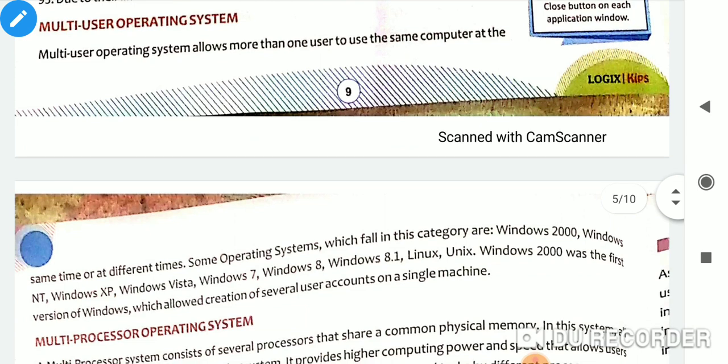Multi-user operating system means an operating system that supports more than one user at a time to work is called multi-user operating system. Windows 2000, Windows NT, Windows XP, Windows Vista, Windows 7, Windows 8, Windows 8.1, Linux, Unix, all these are multi-user operating systems.